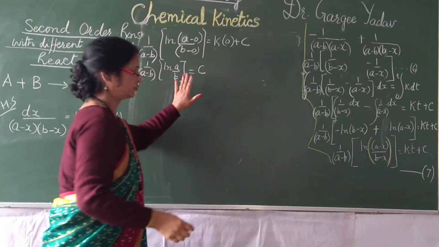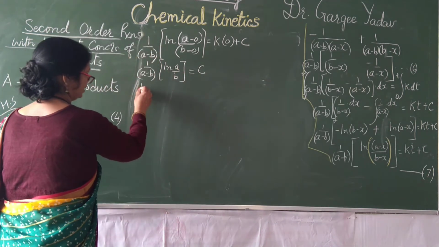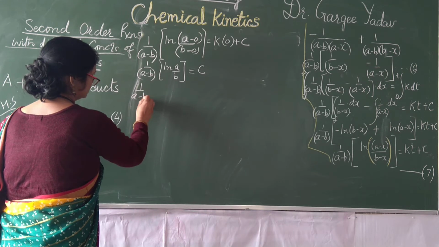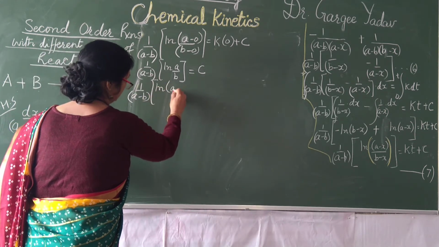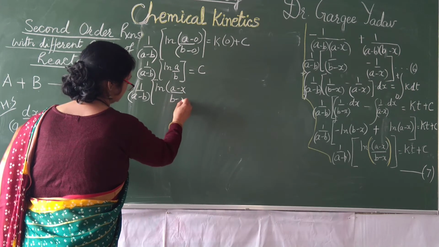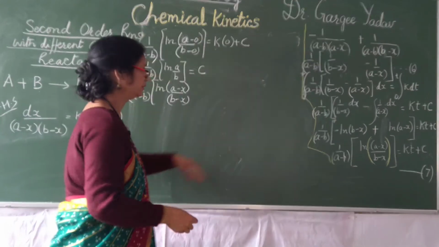Now we will place this value of c in equation number 7. What we get is 1 upon a minus b ln (a minus x) upon (b minus x). This we are taking from there only.